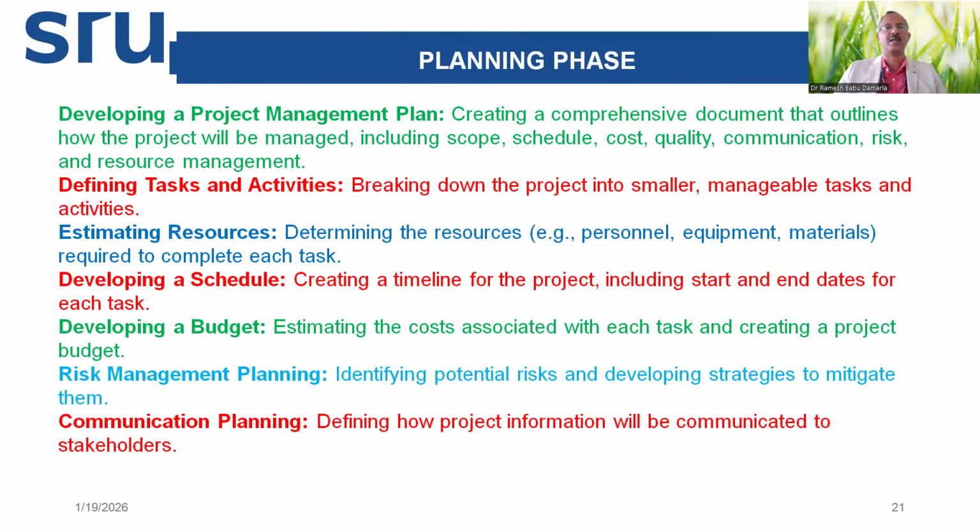The next phase is the planning phase. In the planning phase, project management plans are developed. A comprehensive document which outlines how projects will be managed, including scope, schedule, costs, quality, communication, risk, and human resource management plans. And defining tasks and activities. So breaking down the project into smaller, manageable tasks and activities.